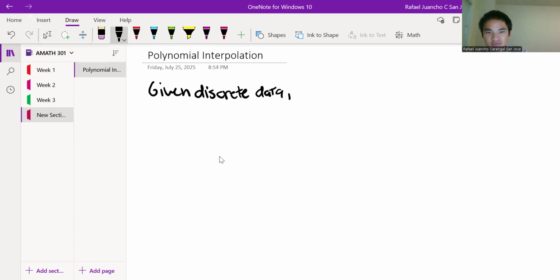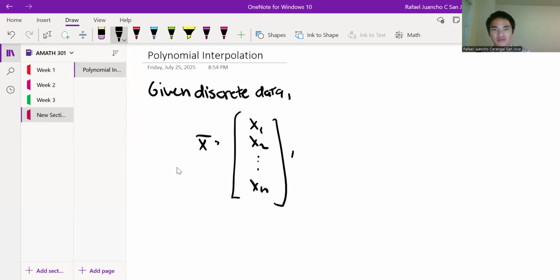Specifically, here we're given column vectors. So let's say we have some x vector, x1, x2, all the way to xn, and as well as a y vector. So this goes from y1, y2, all the way to yn.